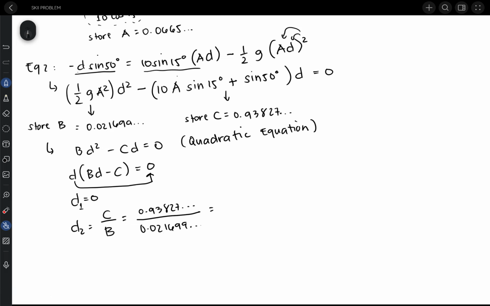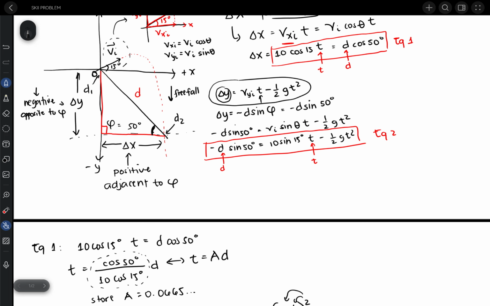But if you have these values stored in your calculator, then you can just directly put c divided by b, and that will give you 43.24027 and so on meters, or approximately 43.2 meters.